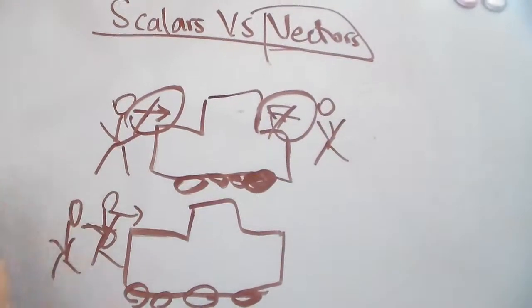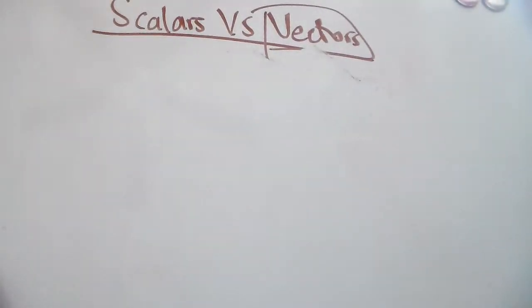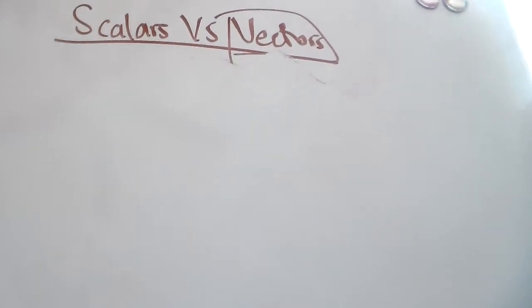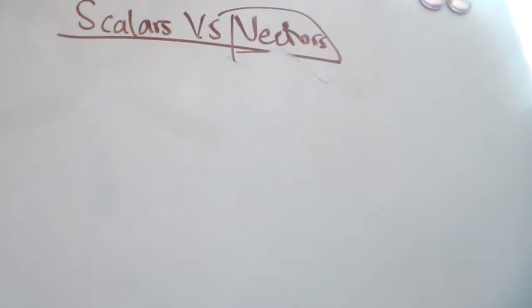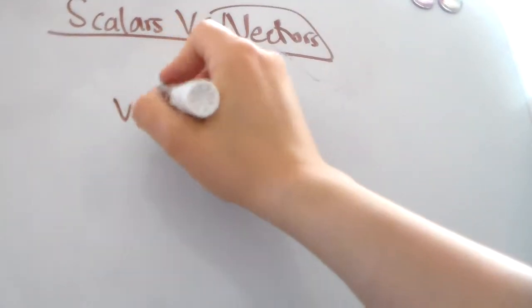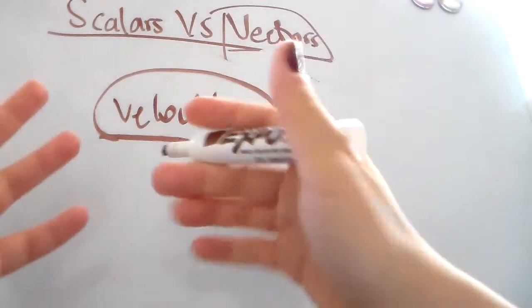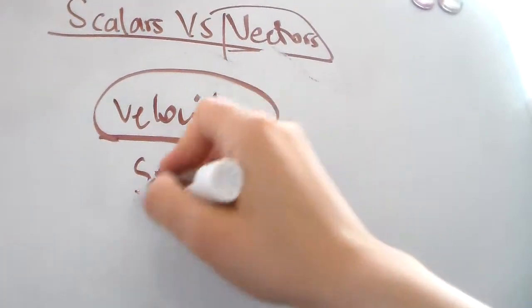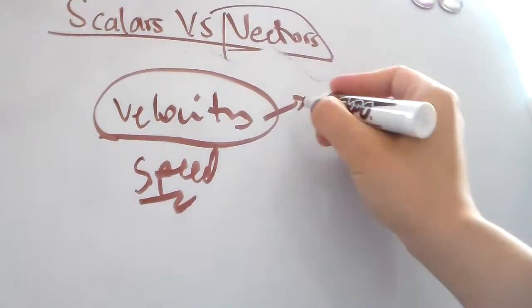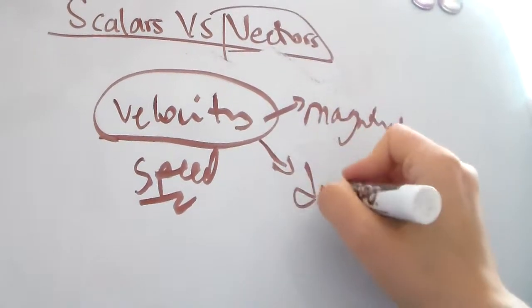So this information of the size of the vector, namely the 60 miles per hour or however much it was, is not complete in terms of velocity. Velocity, or as we know it in real life, speed, is something that has both magnitude and direction.